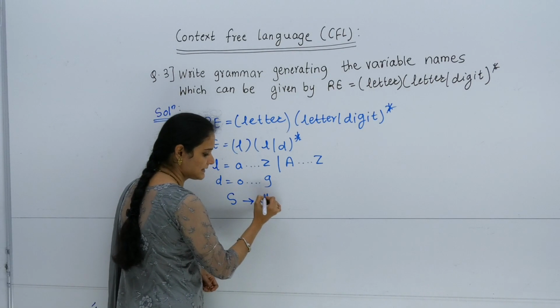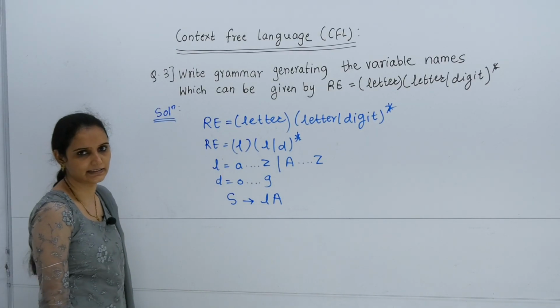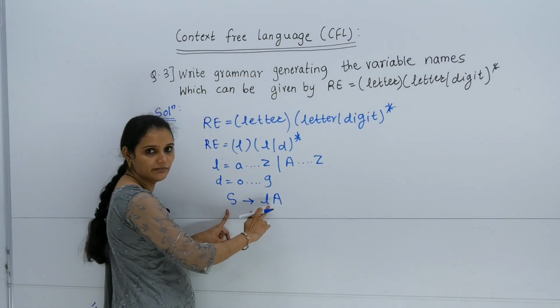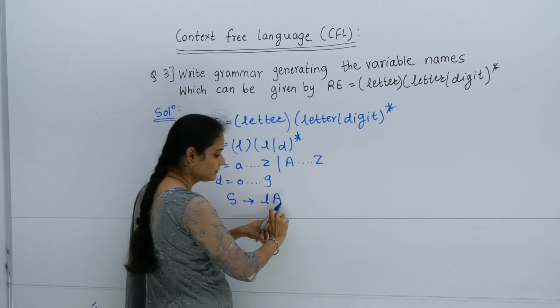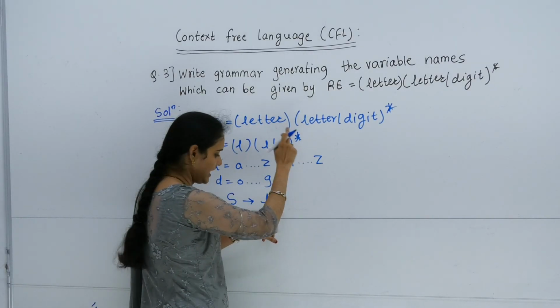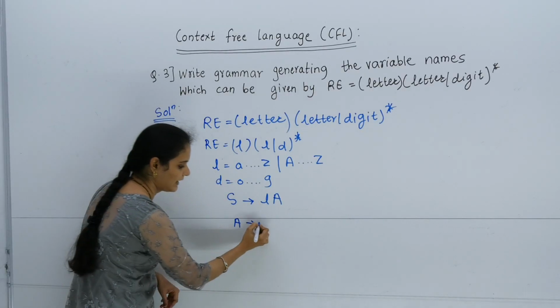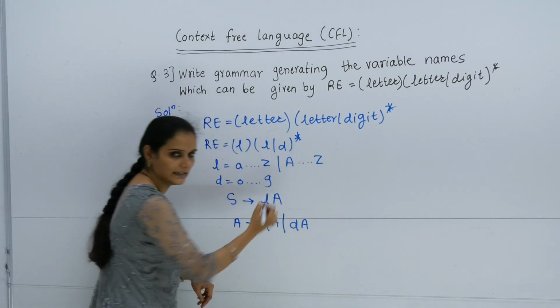S produces L, and we are using another non-terminal, capital A, because every string starts with a single letter, so that part is constant. Now that A means (letter or digit) star. Therefore, for that we are writing LA or DA.